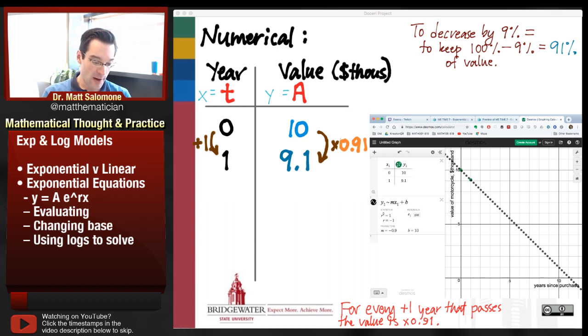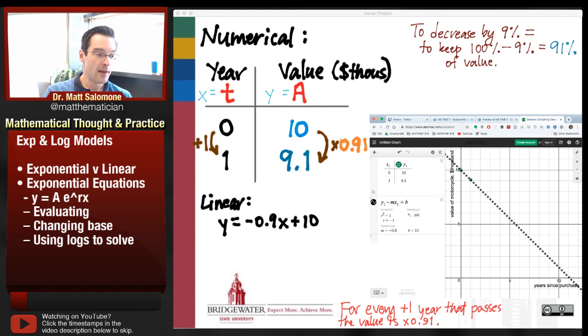So with these two data points, my linear model, my linear fit, would be y equals minus 0.9x plus 10. Right? That's the slope and the intercept that I'm getting off of the Desmos output for this straight line.